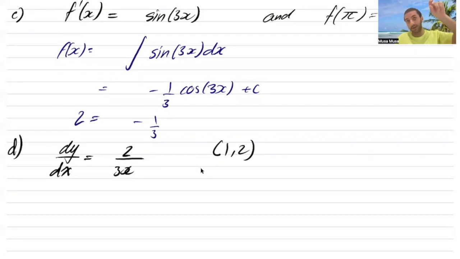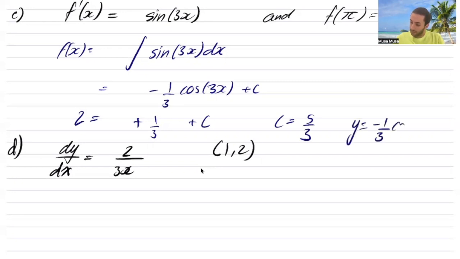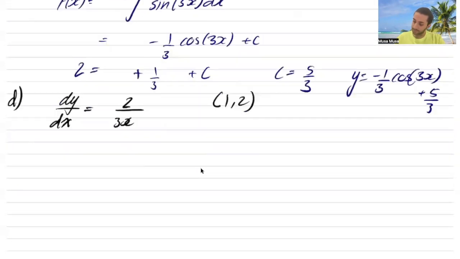Cos of pi is 0. No, minus 1. So this is plus a third plus c minus a third. So it's 5 over 3. Yes. Almost messed that up. y equals minus 1 on 3 cos 3x plus 5 on 3.